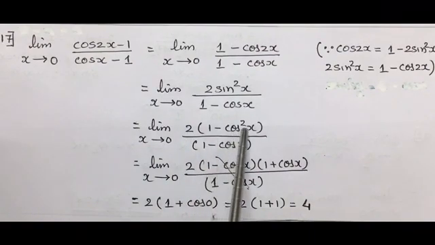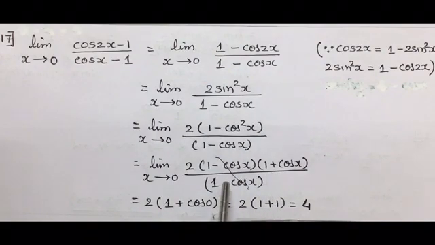Now 1 minus cos square x further can be factorized using a square minus b square formula as 1 minus cos x into 1 plus cos x. 2 is as it is, divided by 1 minus cos x. Limit x is tending to 0.